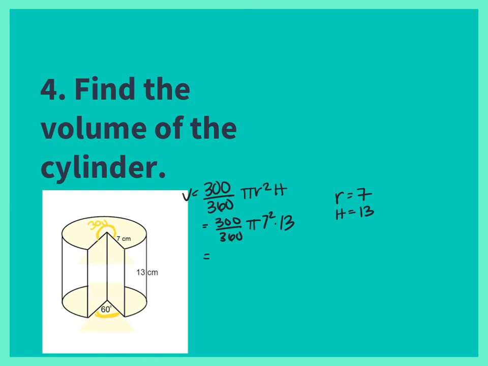So I can tell right away with 300 over 360, the zeros cancel. 30 out of 36, I can reduce that down to 5/6 times 7 squared, which is 49, times 13 times pi. As I look, there are no common factors, so I can put this into my calculator, and I get about 530.83 pi. If you wanted to leave it as a fraction, that is totally fine as well.